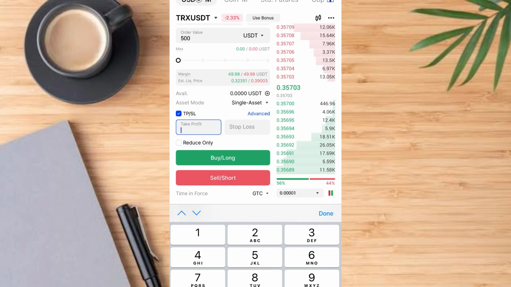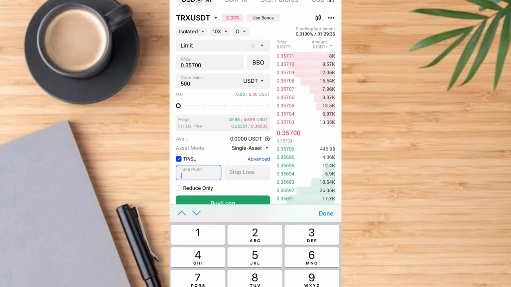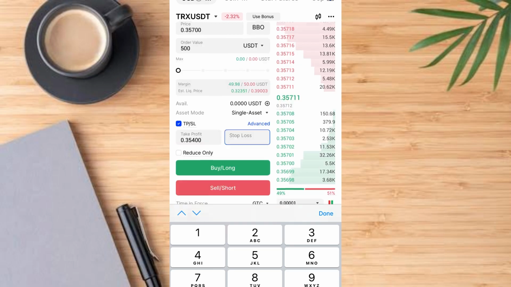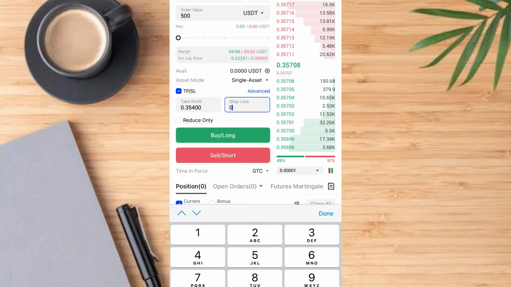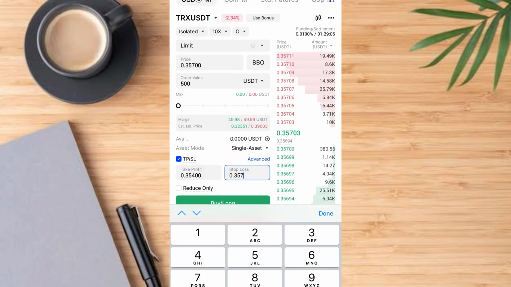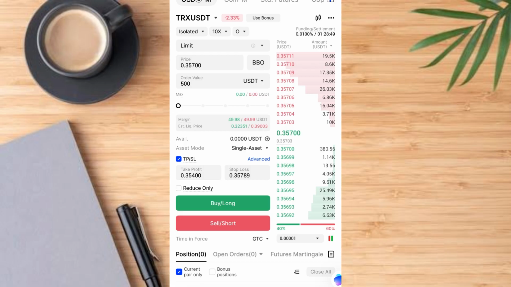You are taking profit when the price, because you are selling short, when the price is 0.35400. So when the price falls to this, you are taking your profit. Then you want to stop loss when the price is 0.357089. So you are stopping loss when the price is this, because you are predicting that the price is going to fall.